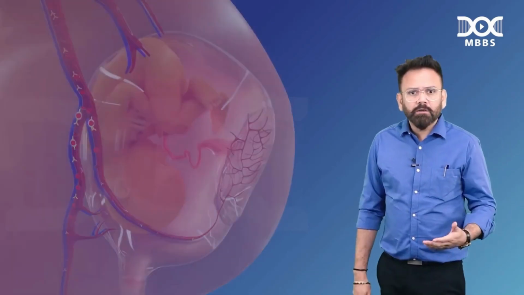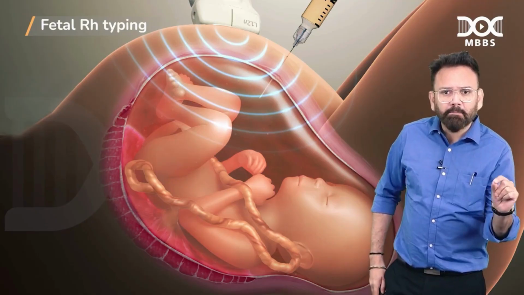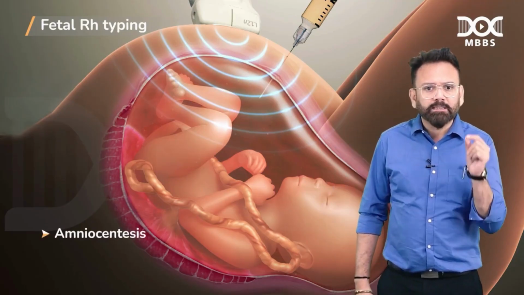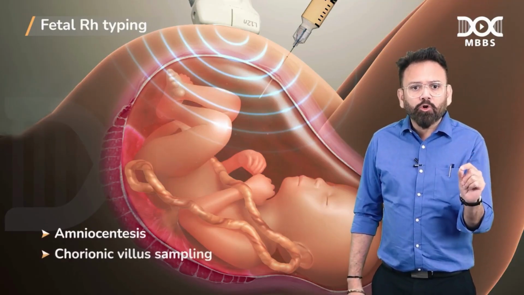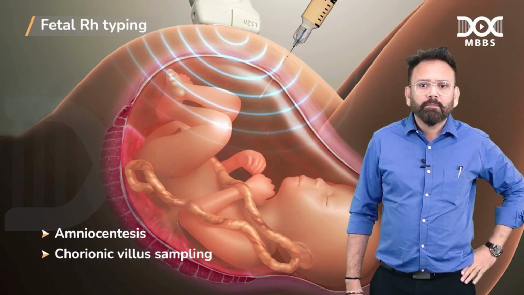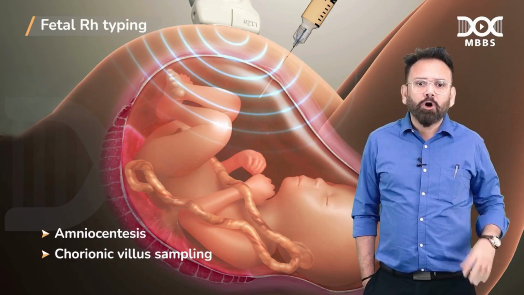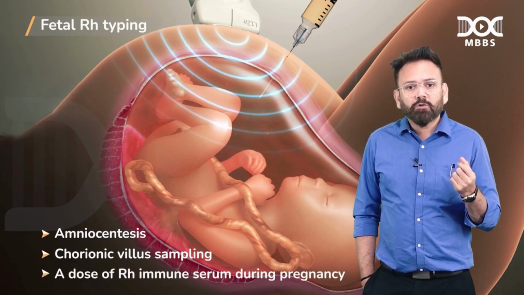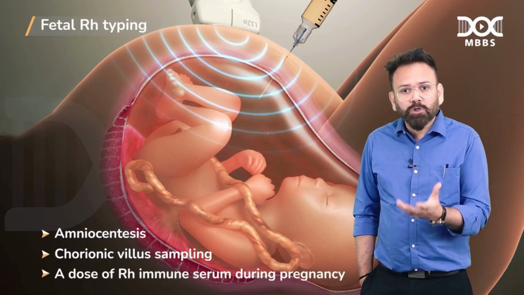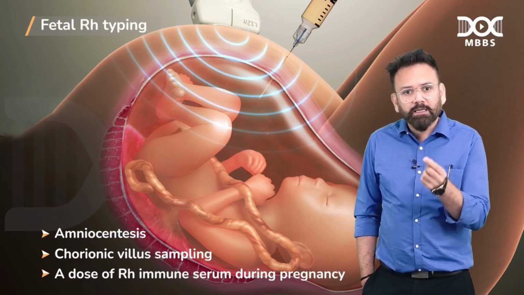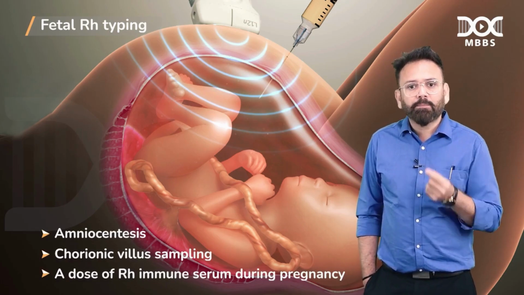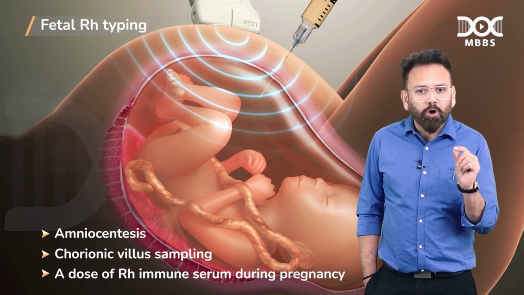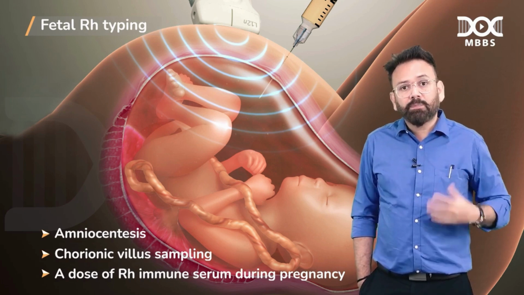In addition, fetal Rh typing with material obtained by amniocentesis or even chorionic villus sampling is now possible, and treatment with a small dose of Rh immune serum will prevent sensitization beforehand.